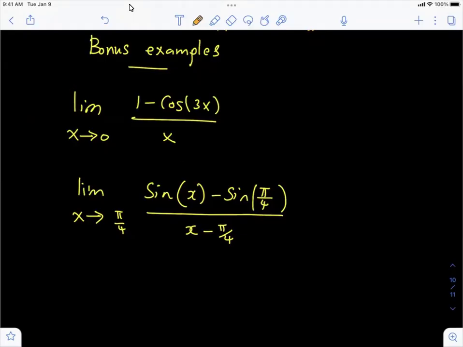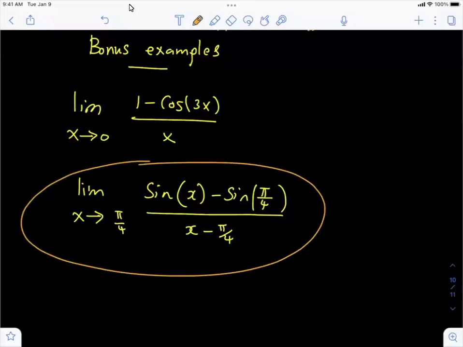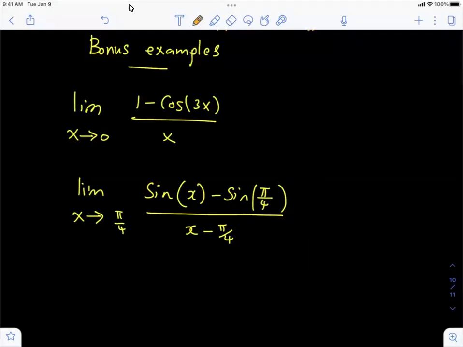And the next problem is a little bit of a different one, because for all of these situations we had x going to 0, and here I do have x going to pi over 4. The only component that I wanted to emphasize in this scenario is to show you that kind of a difference.